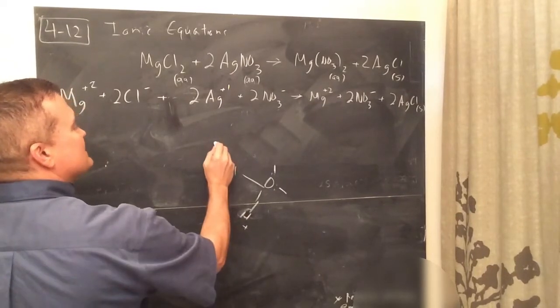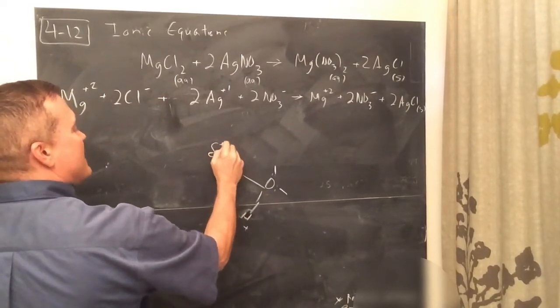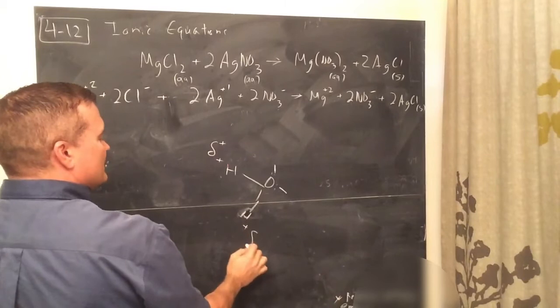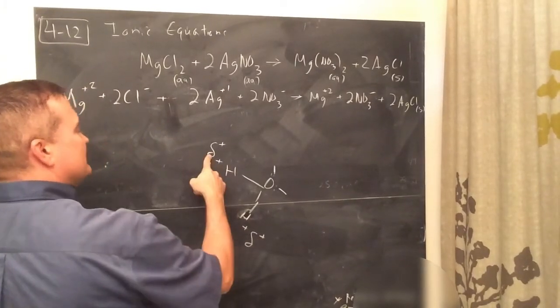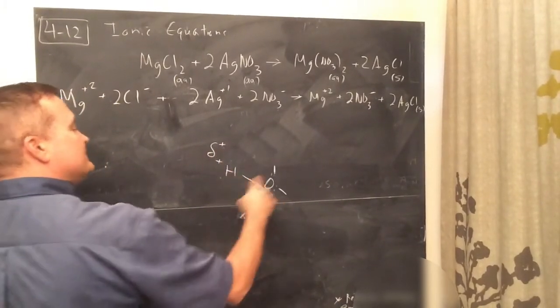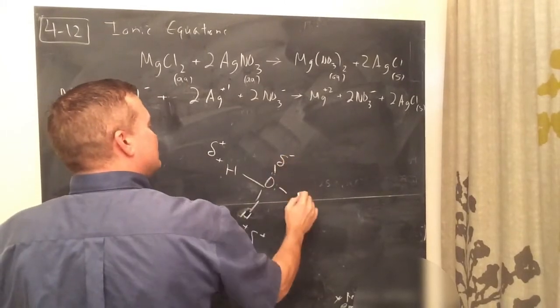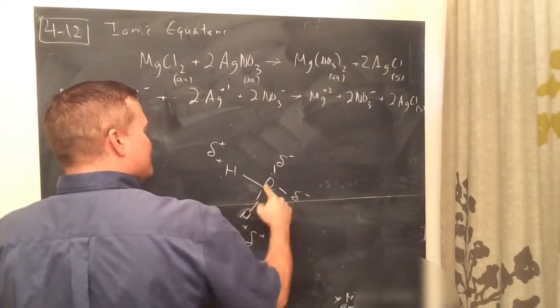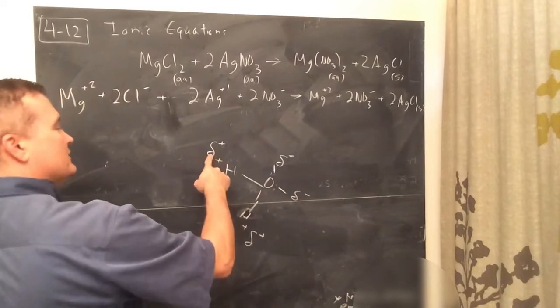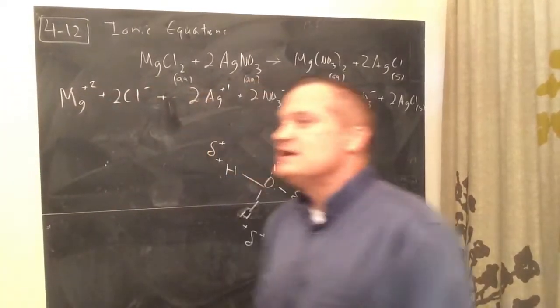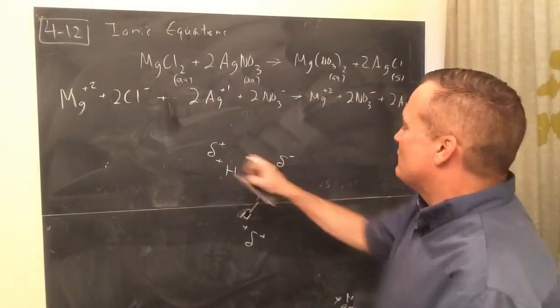You might even sometimes see a symbol that looks like this, and we'll talk about it later on. That's a Greek letter delta, and delta positive means that's the positive end. Delta negative means here are the negative ends of each of these bonds. Delta represents a number between 0 and 1, so it's not quite +1 or -1.